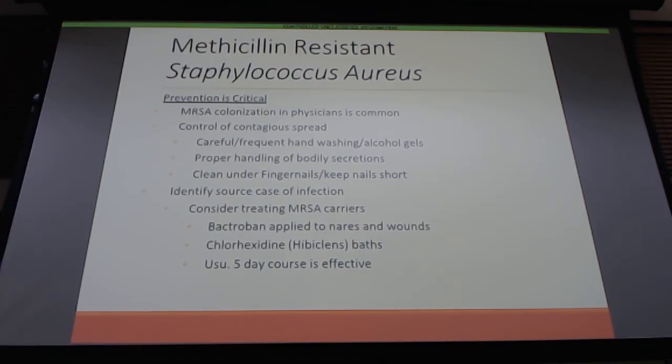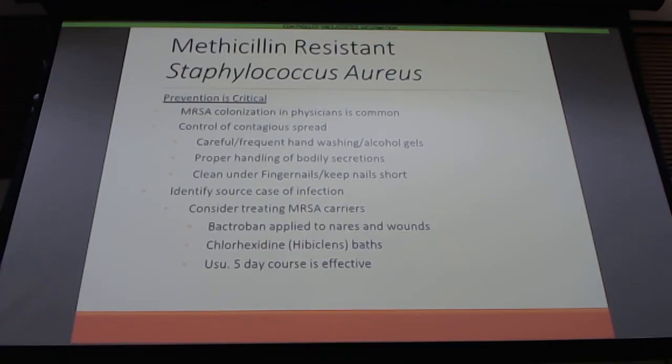And here it tells you hand washing, alcohol gels, properly handling bodily fluids. Don't do it without the glove on. Okay? Keep your fingernails clean. Keep your fingernails short. Nothing can get under them. Right? For those back-to-back carriers that we talked about earlier, there's your Hibiclens, but a lot of times the most common place where you carry it is inside the nostrils.